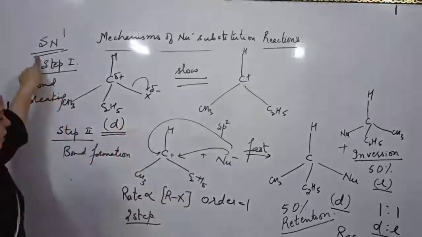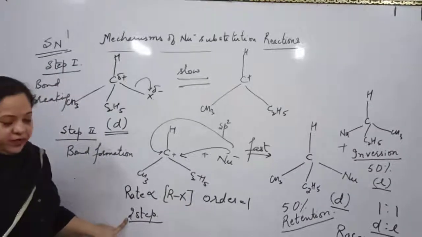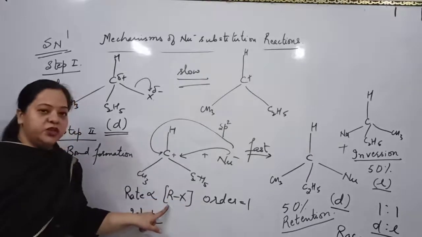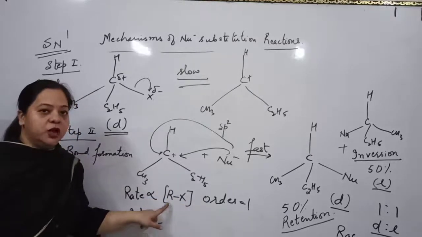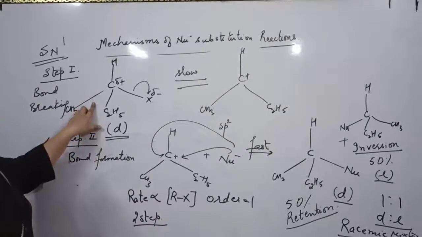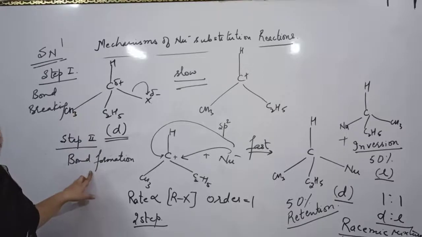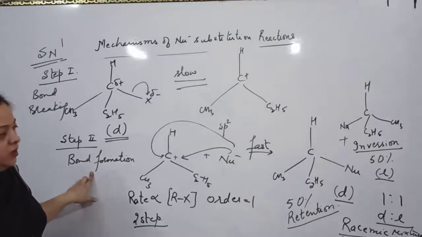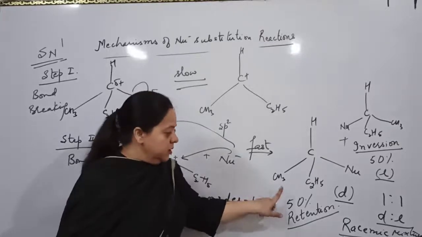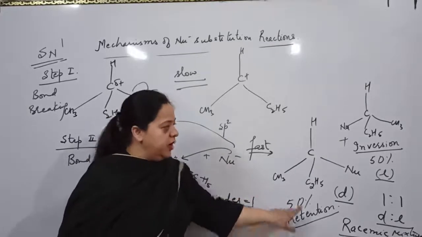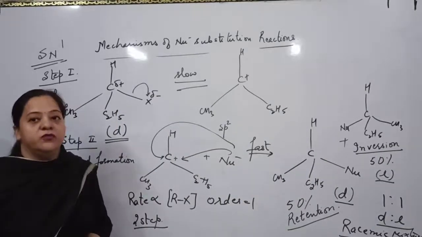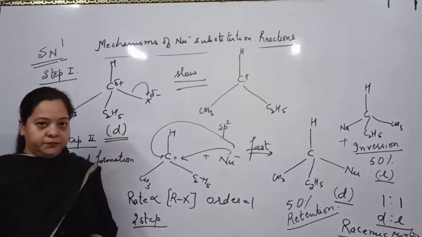So SN1, which is a two-step process, is a unimolecular reaction in which the rate of reaction depends only on the molar concentration of alkyl halide. And in the two steps, step 1 is the bond breaking and step 2 is the bond formation. And product formed for the optically active compounds is with 50% retention and 50% inversion, and that leads to the formation of a racemic mixture.